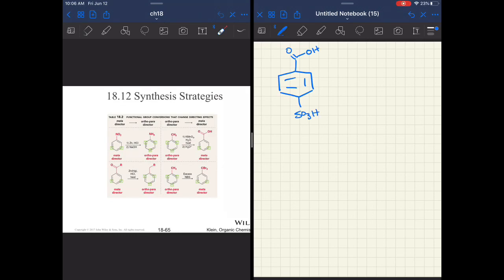Now, the SO3H is a meta-director, so we know that can't go on first. The carboxylic acid is also a meta-director, but the way that we're going to make a carboxylic acid should help us to see why we can get an OP director out of this.